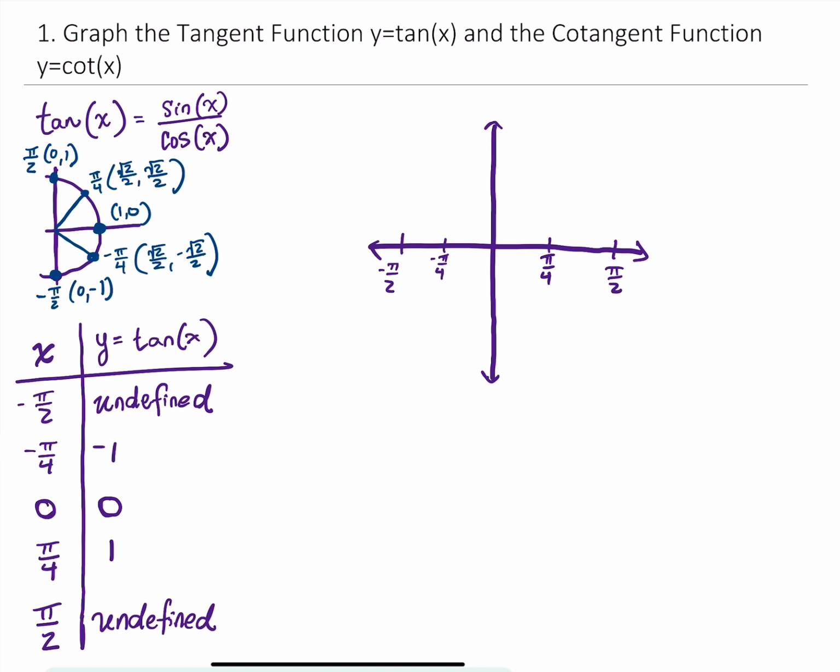So the first thing I usually do with the tangent is place the vertical asymptotes. We said at negative pi over 2, we should have one here. And at positive pi over 2, we'll have another one here.